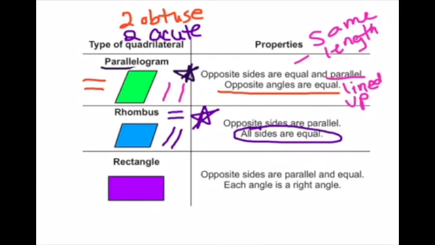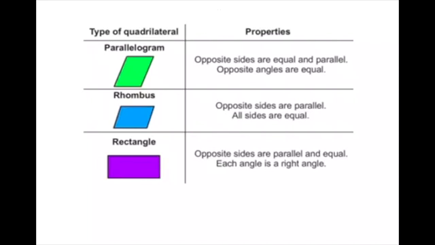The rectangle is the last quadrilateral for today. The rectangle. So for a rectangle, I'm noticing straight lines, right? Well, in order for it to be a rectangle, the opposite sides are parallel and equal. Well, that's the same rule as the parallelogram, right? And that is true.